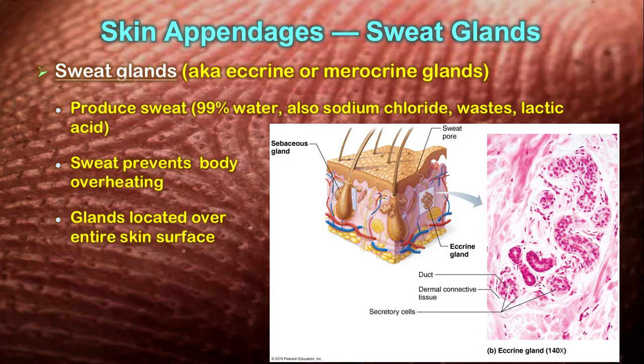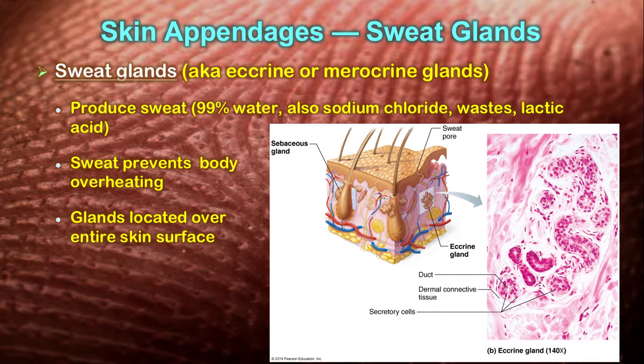And remember from our picture, the sweat glands open up at sweat pores. So not at the hair, just in sweat pores that are located over our entire skin surface. There's a lot of them in the palms of our hands, the soles of our feet, and our forehead.